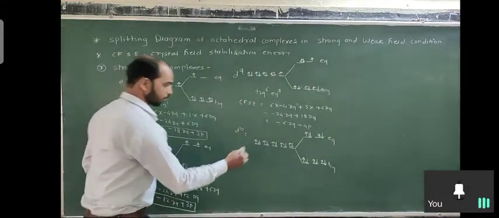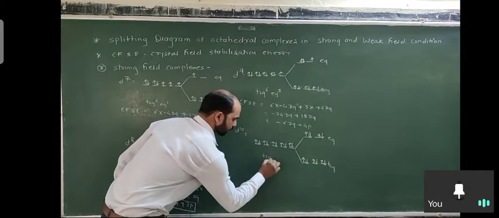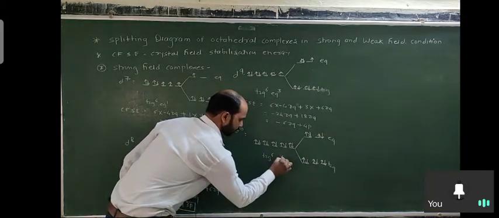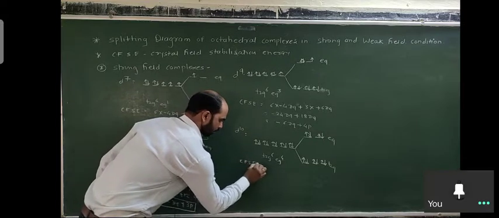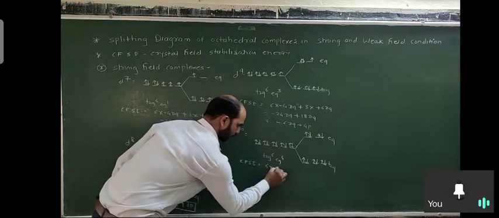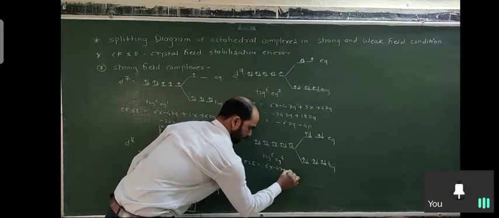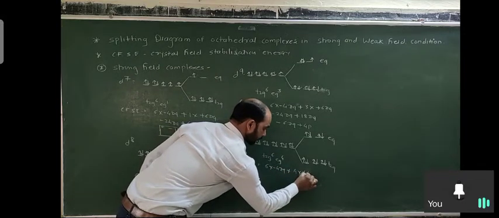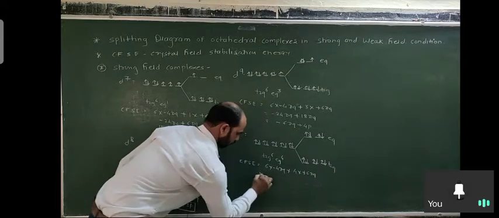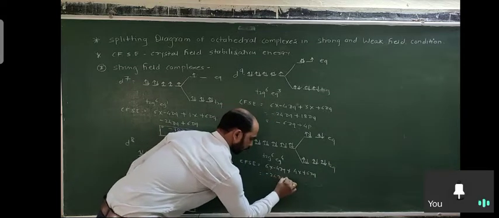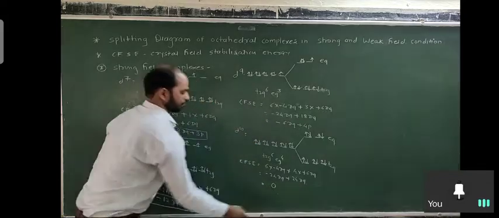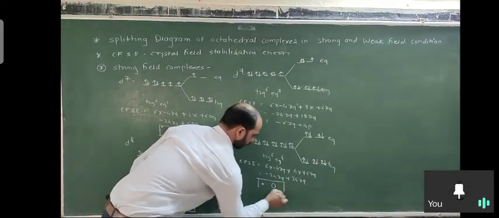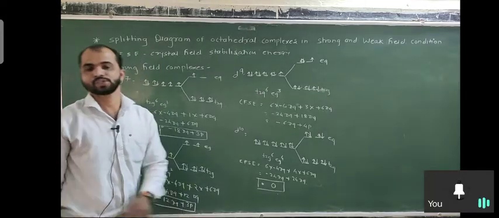So you can calculate what is the electronic configuration. T2G has 6, EG has 4. So CFSE is 6 into minus 4 dq plus 4 into plus 6 dq. So minus 24 dq plus 24 dq is equal to 0. So D10 system has 0 CFSE.